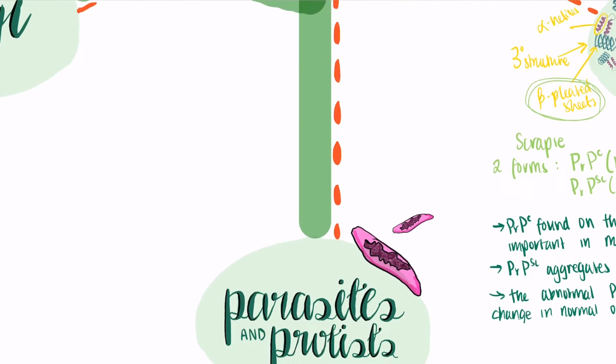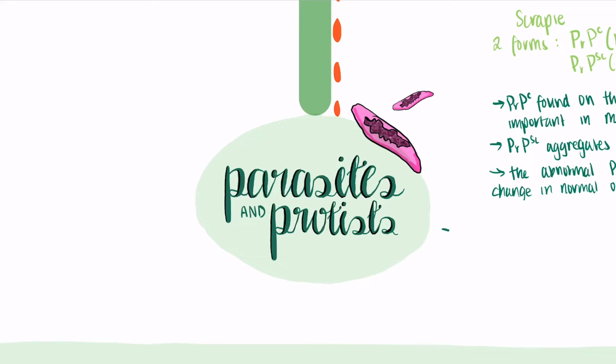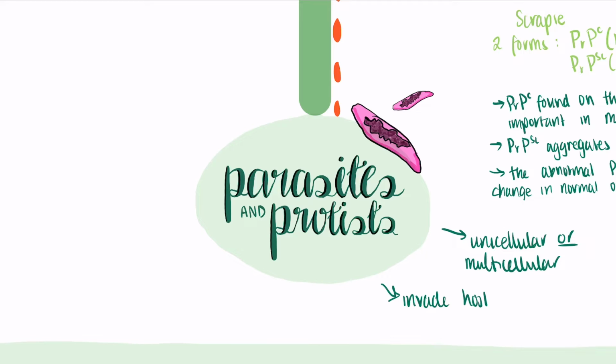If we now move over to our parasites and protists, these are kind of clumped together, they're a bit irregular. They also don't get really tackled in the VCE curriculum or exam context that often. So what we just really need to know is, again, they're pathogenic, so they're going to cause a negative effect in an organism. They can be unicellular or multicellular.